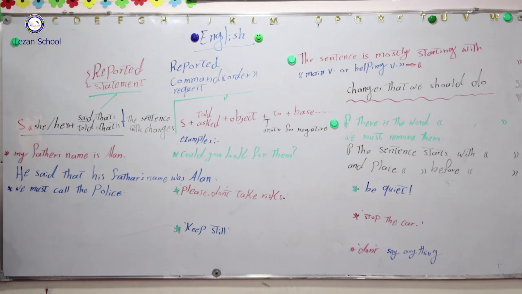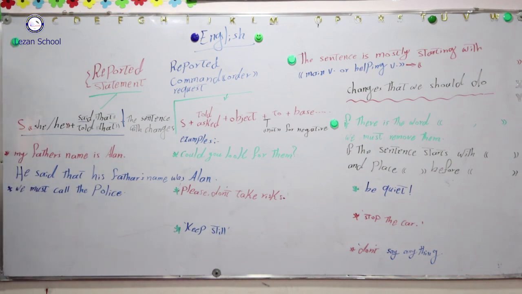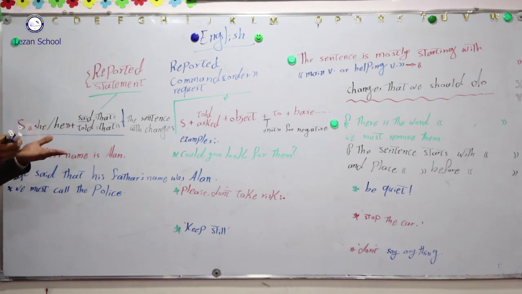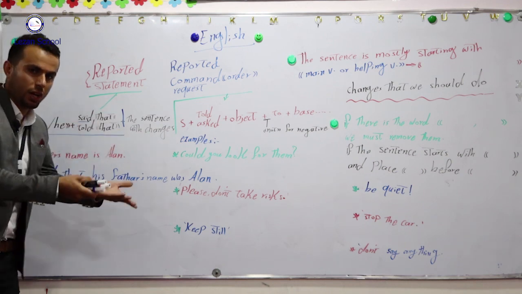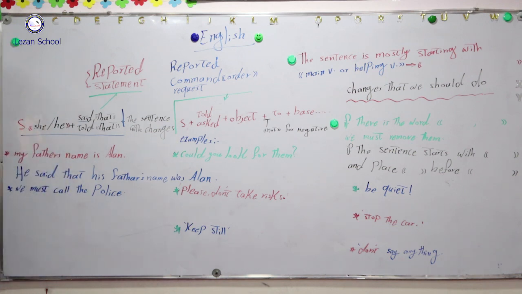Why did we do that? We use reported speech to tell about an action that happened in the past, to retell it to someone else. That's why we say, he said that, in the past. I told you that my father's name is Alan. And now you are telling someone else what I said in the past. Okay?